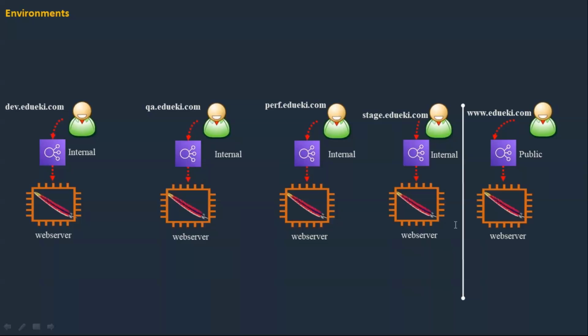This is good, but there is a problem here. Whenever you are having multiple environments like this, as an example, the code is deployed into the dev server. The dev team has tested it. It is all working fine.